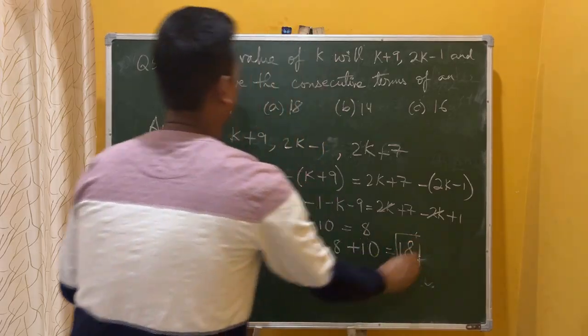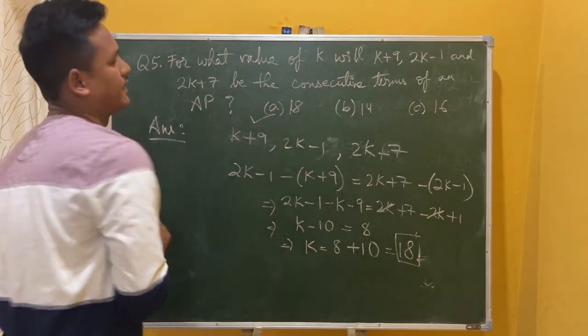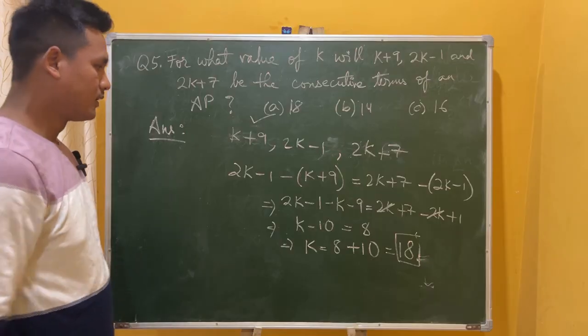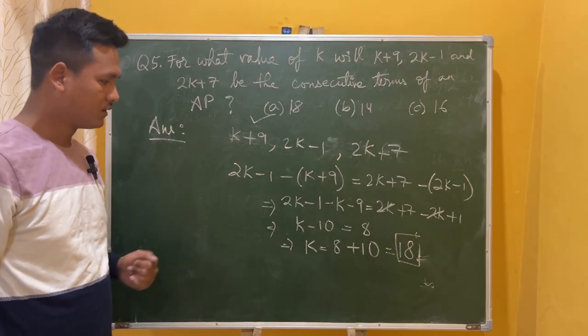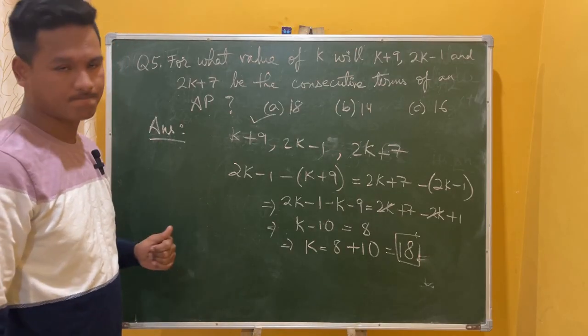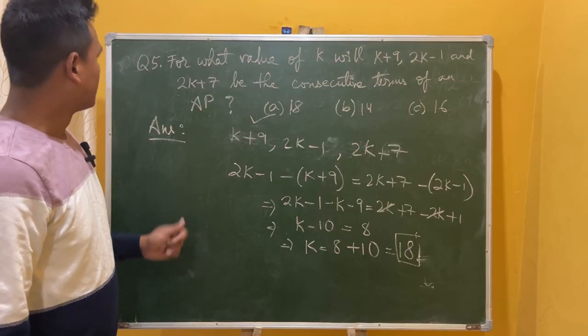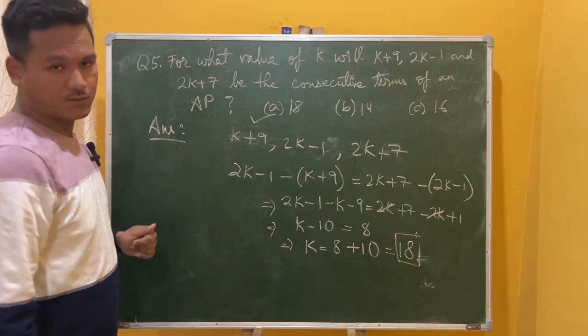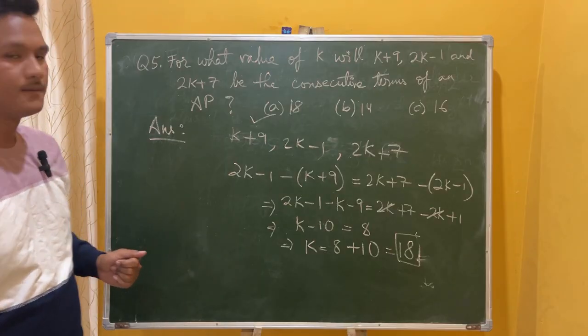The value of k is 18. So this is how we solve the question. So let's do the next one. That's question number 6.